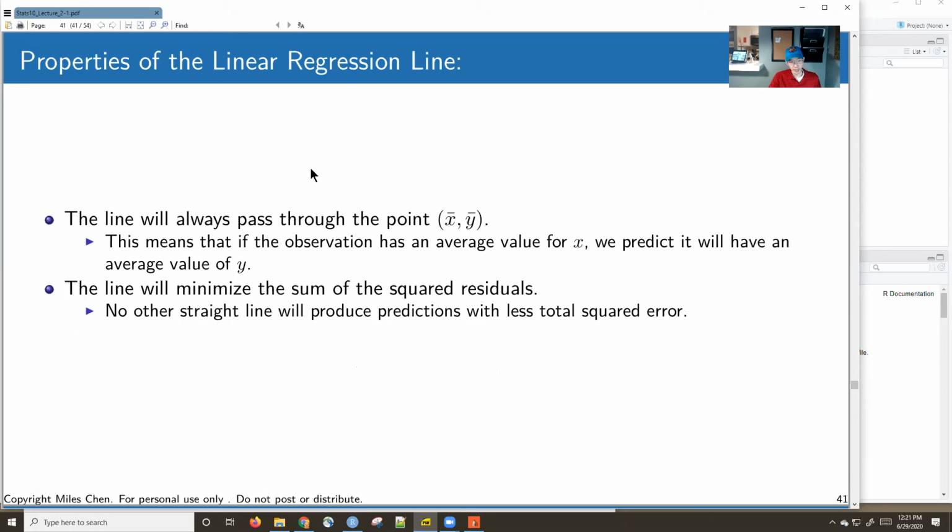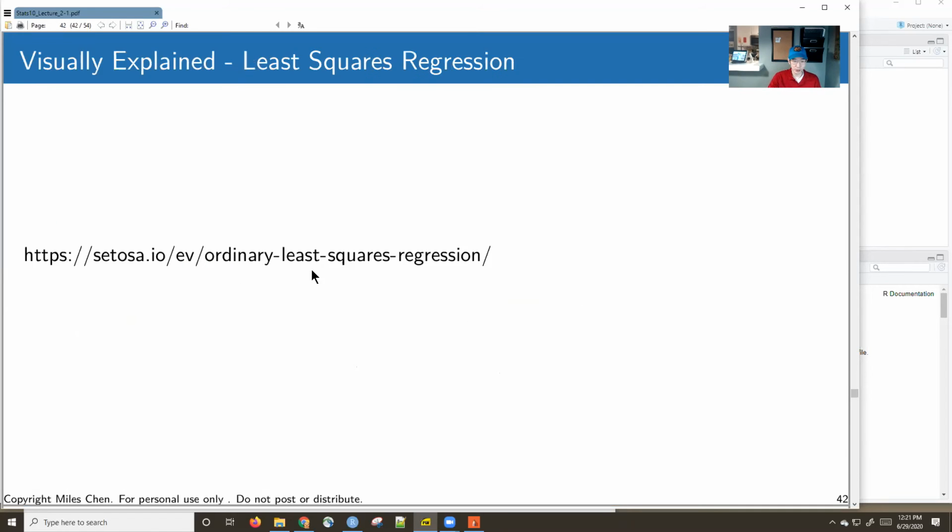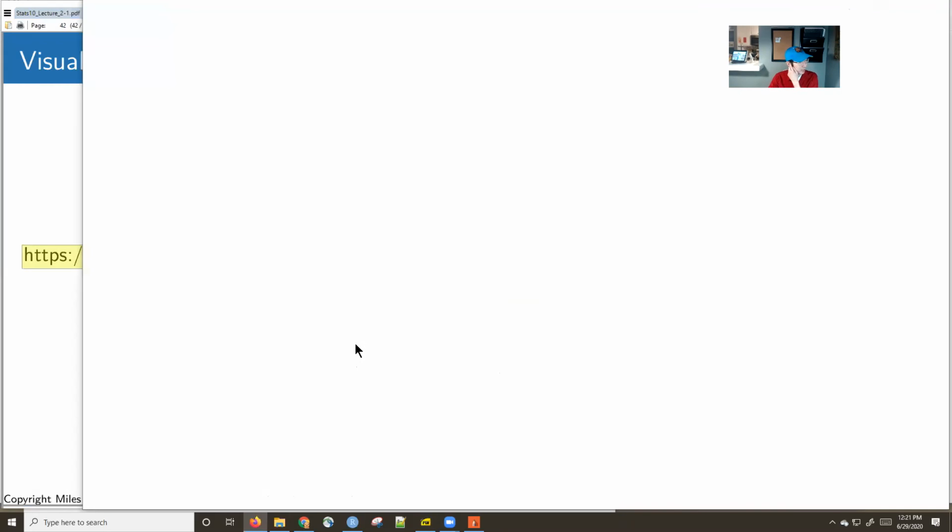This linear regression line is going to have the minimum sum of squared residuals. And what does that even mean, right? But it's true that no other straight line will produce predictions with less total squared error. Okay, so let me show you a diagram on this cool little website.